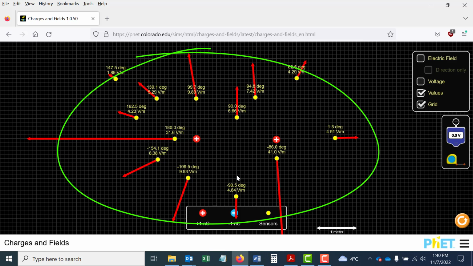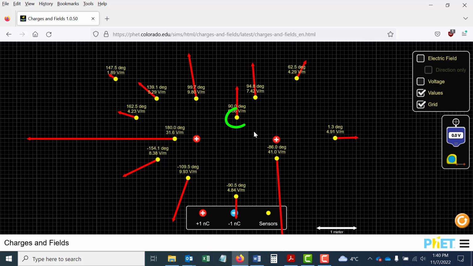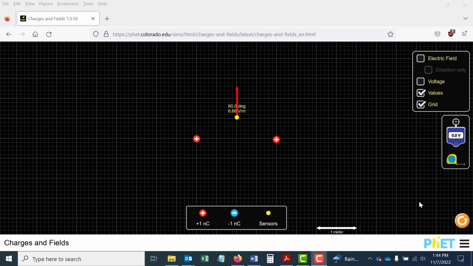And so you want to map the electric field for the whole screen, but they are going to ask you some questions about this one sensor in this location. And the question they ask you about this one sensor is they say, explain why the electric field points straight up. Because we've got 2 charges here, and the sensor is located diagonally relative to both of them, and yet the electric field doesn't point at an angle, it points straight up.